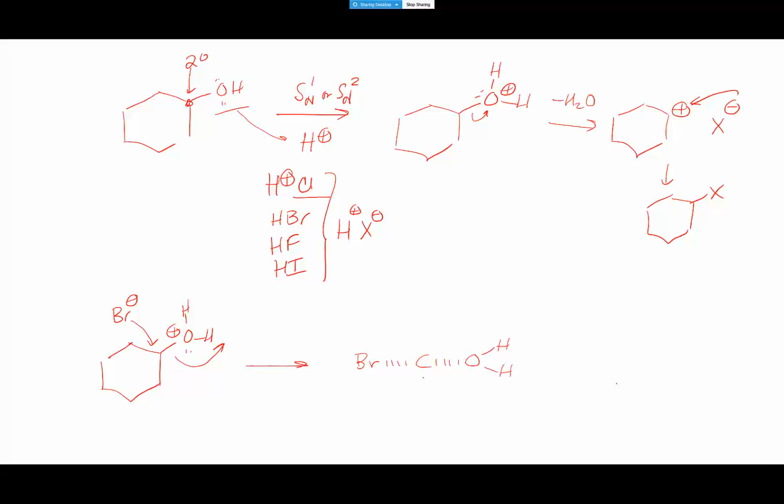Which means that it's going to undergo the same trigonal bipyramidal transition state as before. It's just that the ring is now attached to that carbon that's being attacked.